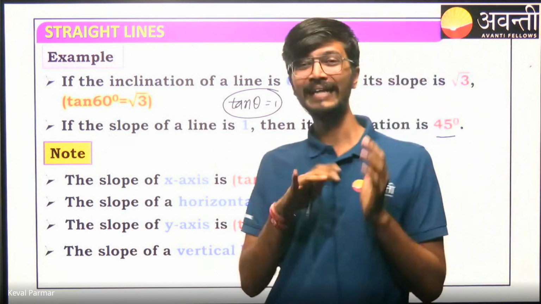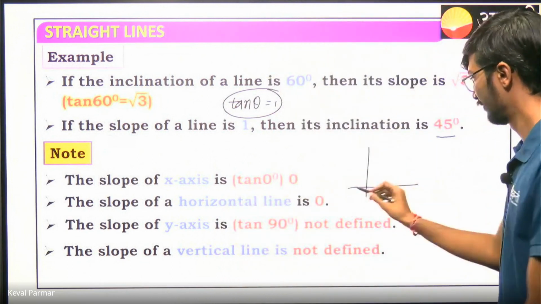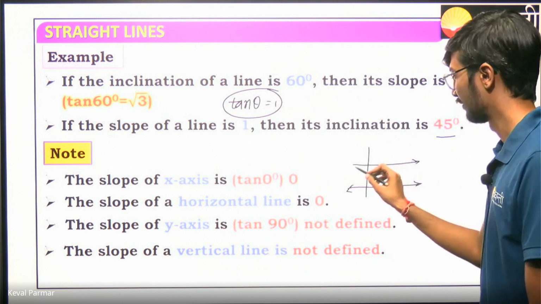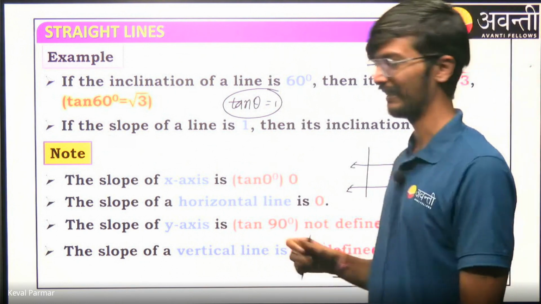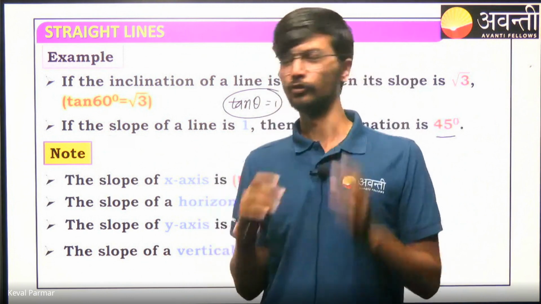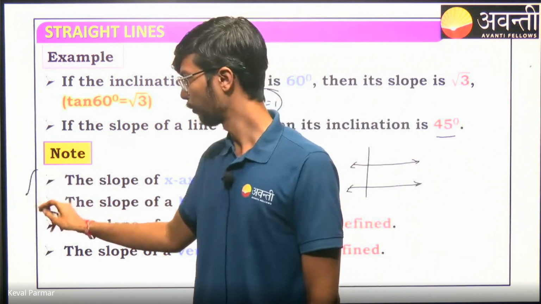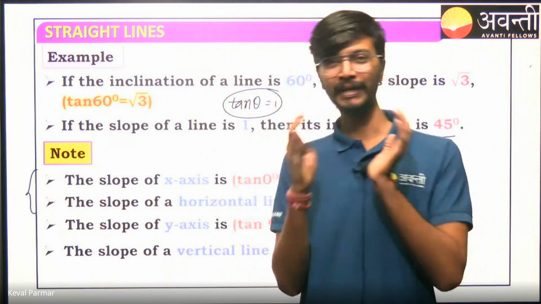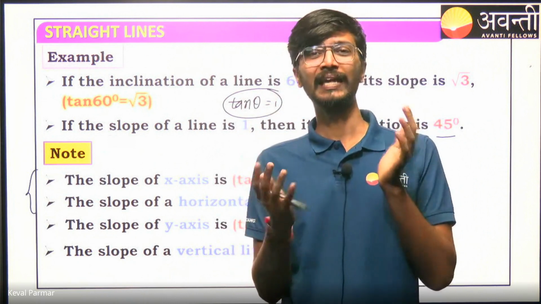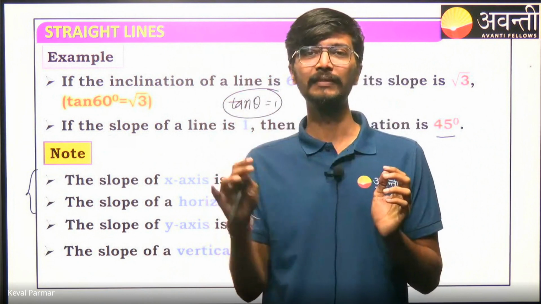Again, any line parallel to the x-axis: if this is the x-axis and I draw any line parallel to it, then these two make an angle of 0 degrees with the x-axis, and again the slope of that line will be 0. So the first 2 points say that the slope of a line parallel to the x-axis and the slope of the x-axis is basically 0.